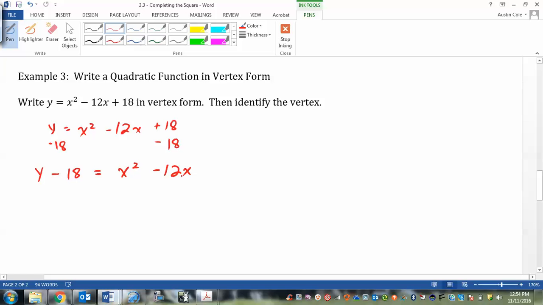And now, to complete the square, we're going to take half of our b value, which is negative 6, square it, which is 36, and I'm going to add 36 onto both sides. Now, when we complete the square, I can now factor this. So when I factor this, this will become x what squared?